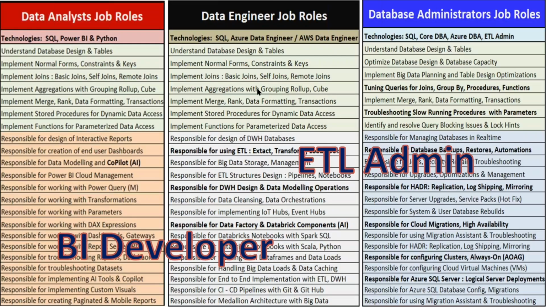Anyone you have to choose, either data analyst or DBA. For fresher starters, data analyst. For experience profiles, if you want to showcase some experience in your resume, then DBA. Yes, anyone.